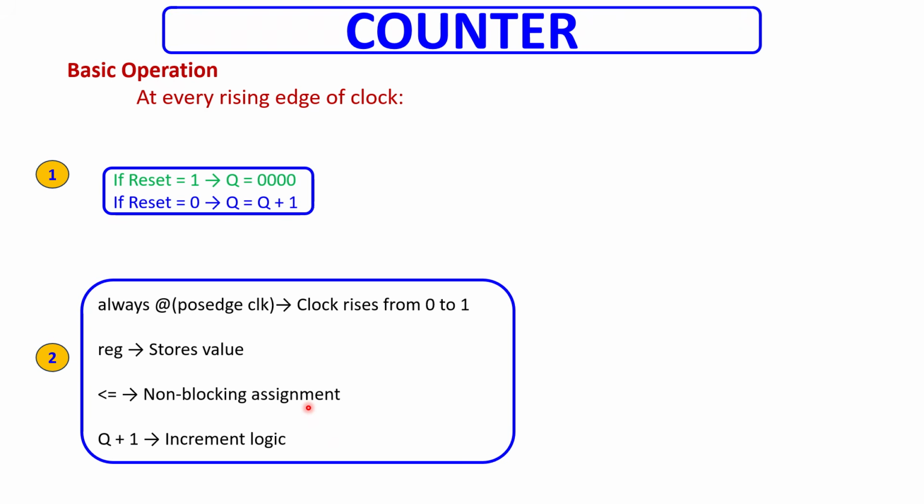We should not use equal to. And q + 1 is the increment logic. So keep all these in mind, and next I am going to show you a tabular column. If you understand that table clearly, then we can start our code writing.